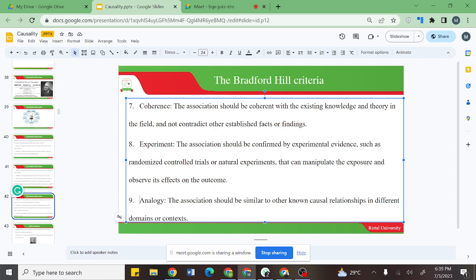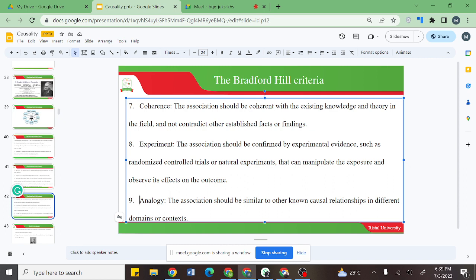And therefore, you can still reproduce this same relationship even in other situations. For example, if you test it in rats, you should be able to find the same thing, or even in another species.